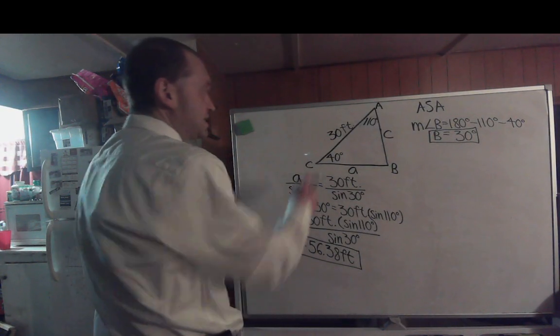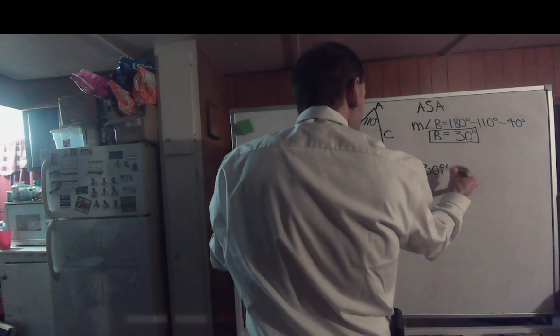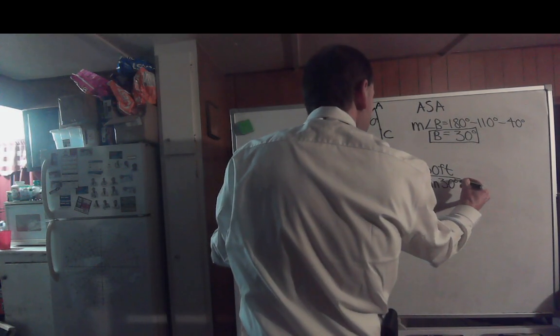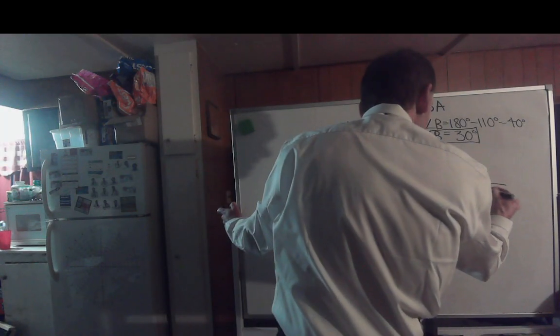So we could take that 30 feet for side B all over the sine of angle B, which was the sine of 30 degrees. Set that equal to your side C, which we don't know yet, over the sine of that 40 degrees.